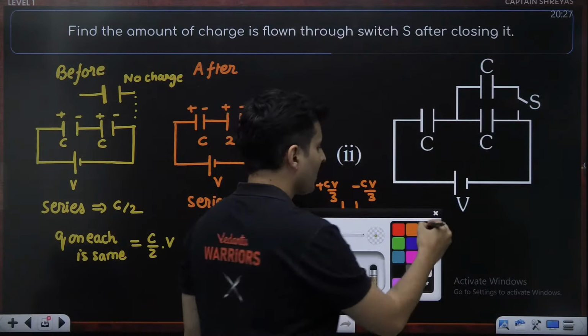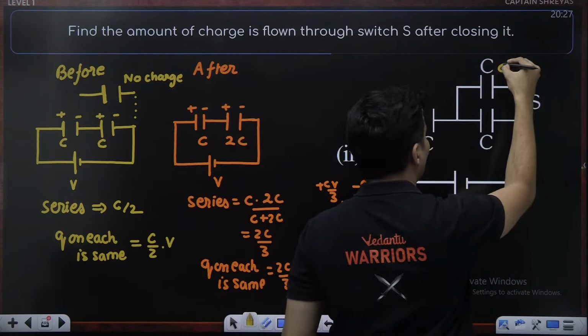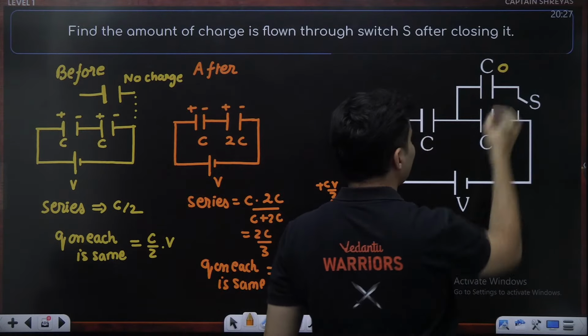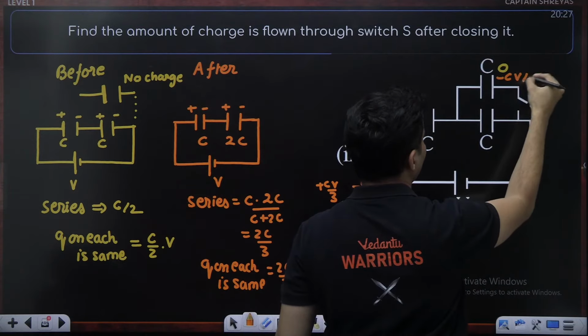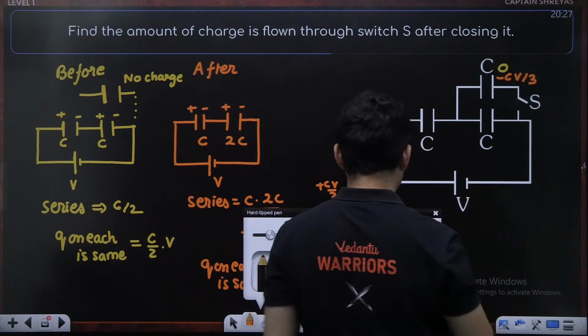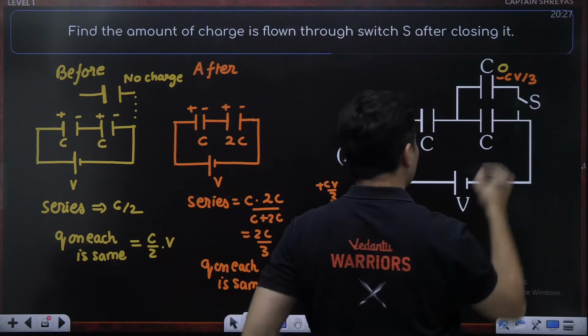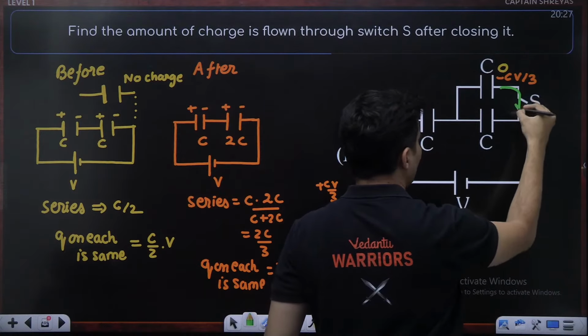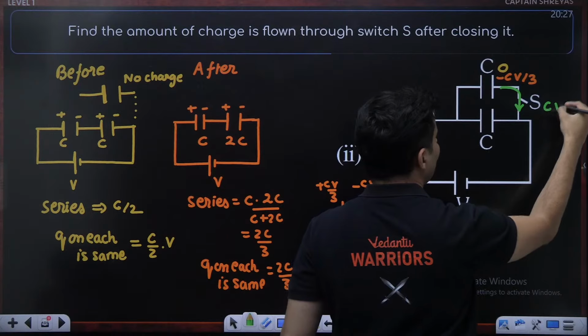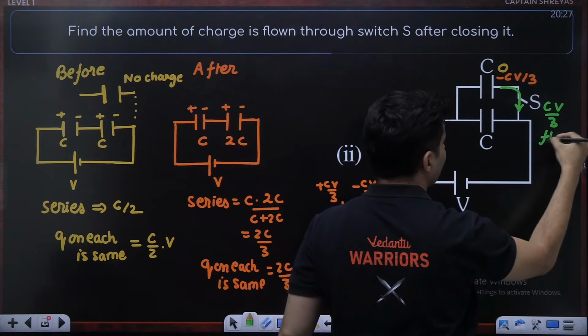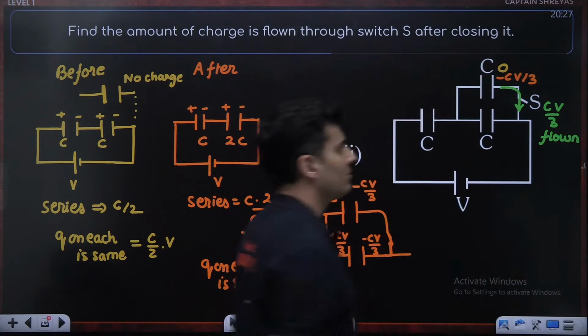Think about it. Earlier, there was zero charge. Now, there is minus CV by 3 charge. That means, from the switch, how much charge has flown? CV by 3 has flown through this particular switch.